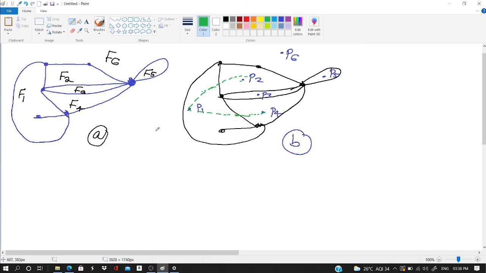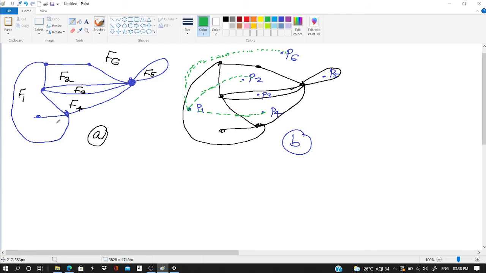Then from P1 to F6, P1 to P6. So mark the edges in this way. That way one edge is there. So F1 to F2, F1 to F4, F1 to F6.